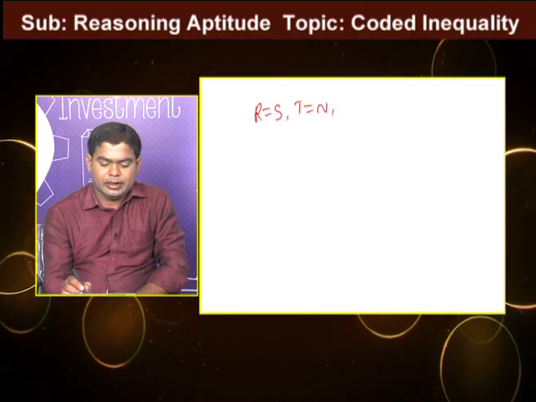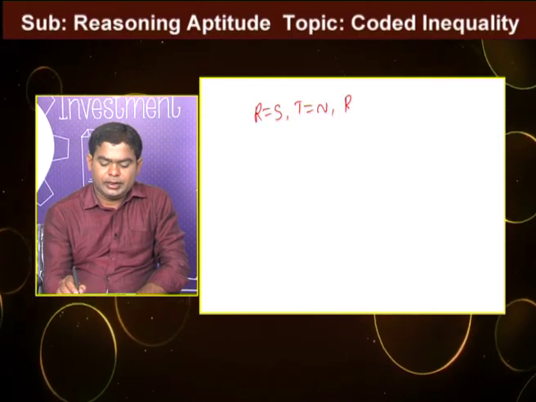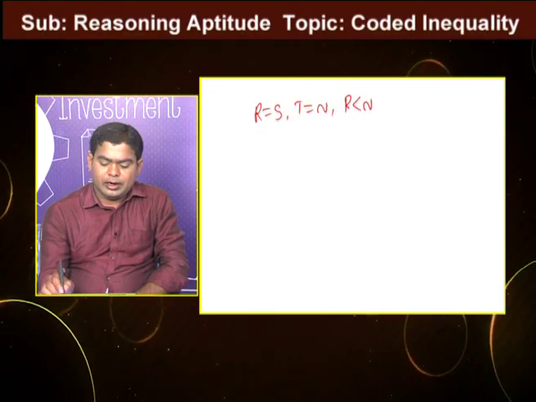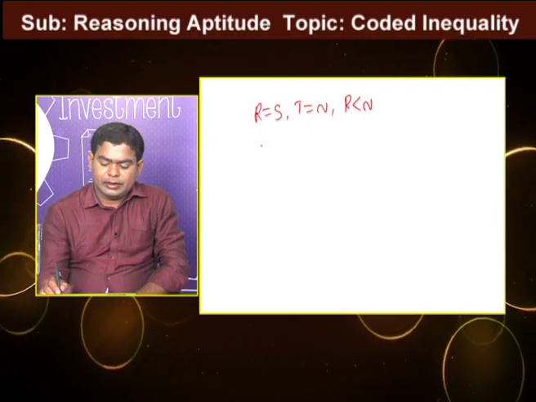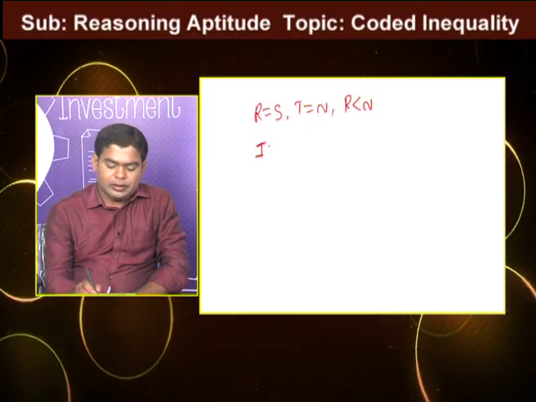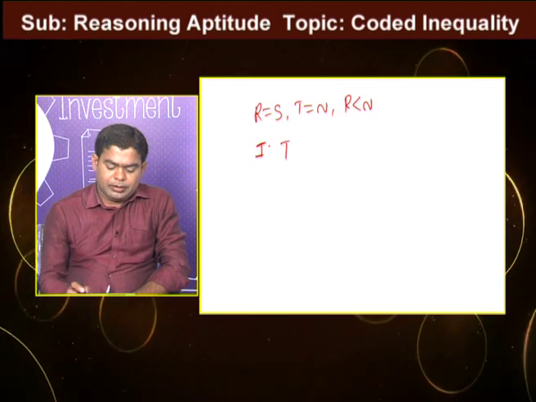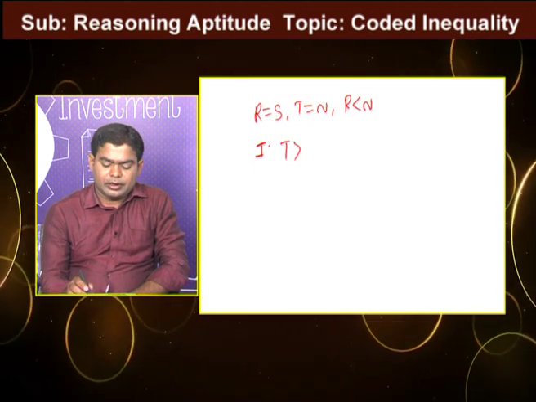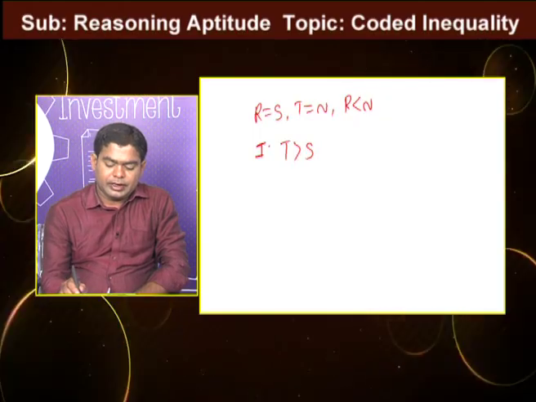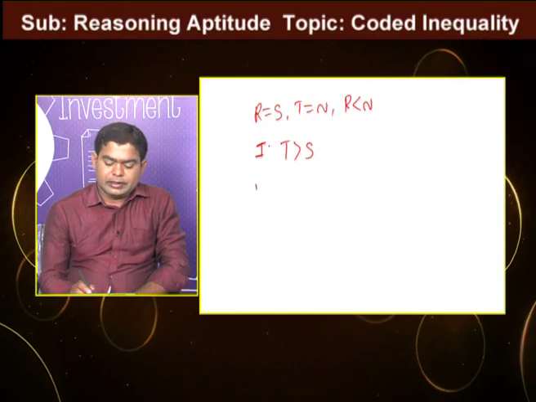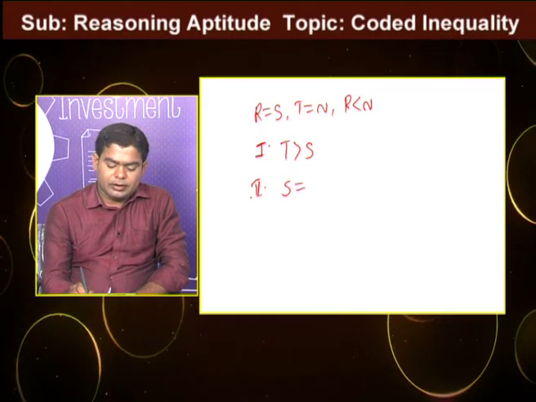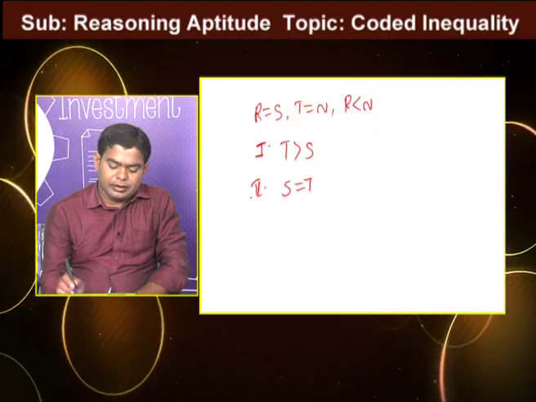Next T equal to N. R dollar N, so R less than N. This is the statement. Again we apply the symbols for the given conclusions. T at the rate S, where at the rate is denoted greater than, so T greater than S. Conclusion 2, S equal to T, equal means equal.